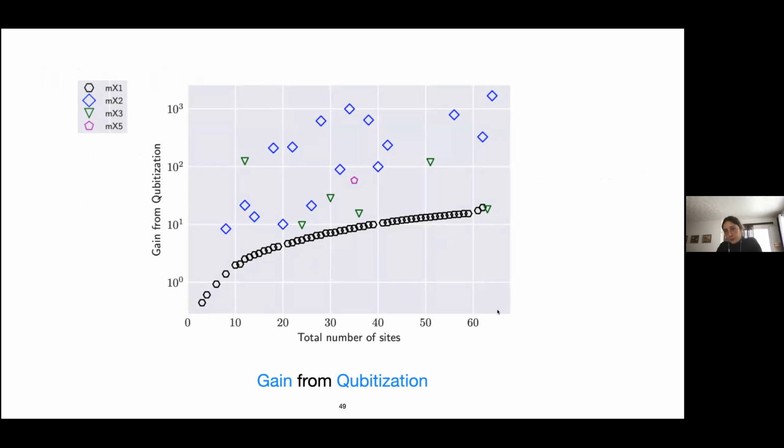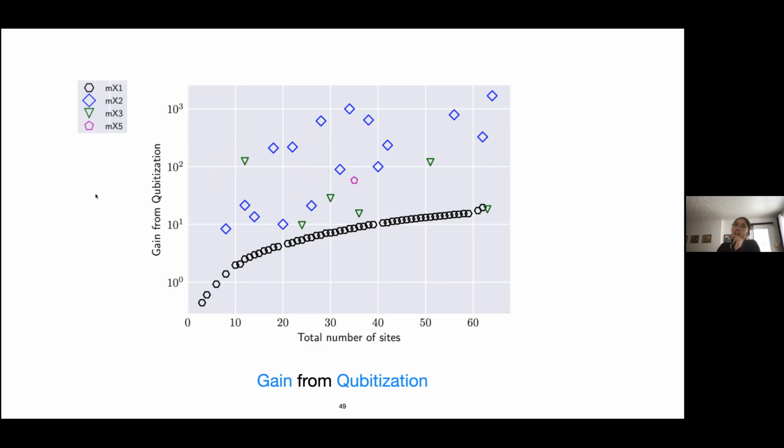Here we represent again on the horizontal axis the total number of sites, and the different shapes represent the different lattice shapes of the Hubbard model. Again, the 1D in black, ladder lattices in blue, the 3 for the green one, and the 5.